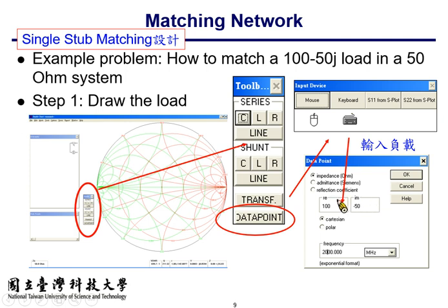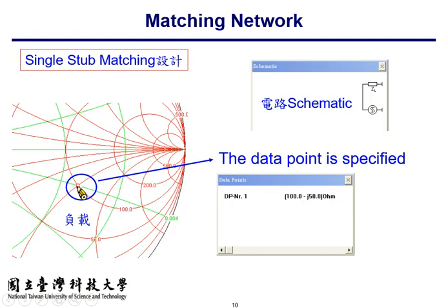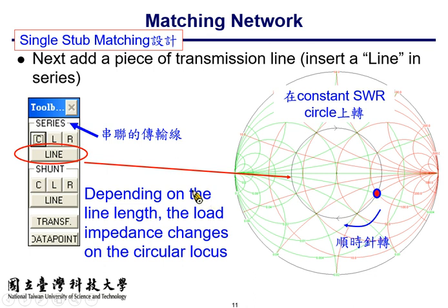Well, let's talk a little bit about the operation of the software. You type the value of the input impedance in this part, and then the reflection coefficient will appear on the Smith chart, showing the value of the input impedance you entered.